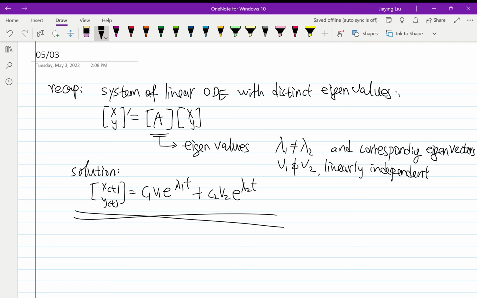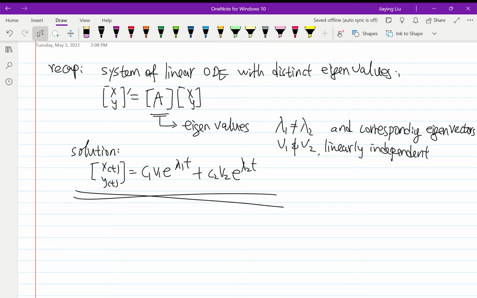And today, in a few minutes, we're going to look at cases where we have only one eigenvalue, instead of two different ones, one that repeats, and then look at how the solution might change.